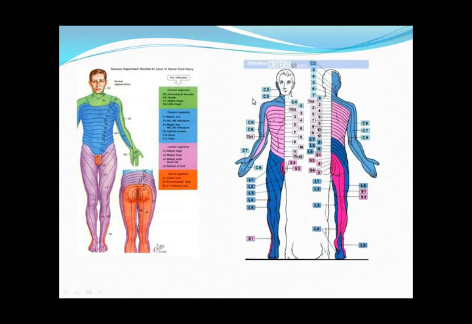Whenever we are examining the patient, if a patient has decreased sensation up to the level of T10, that is the level of the umbilicus, so that shows the T10 level of the spinal cord. If a patient has decreased sensation on the middle finger, that shows C7 nerve root and C7 level.